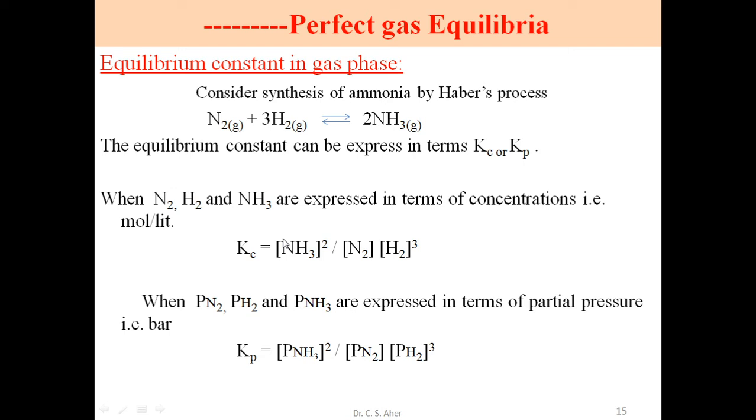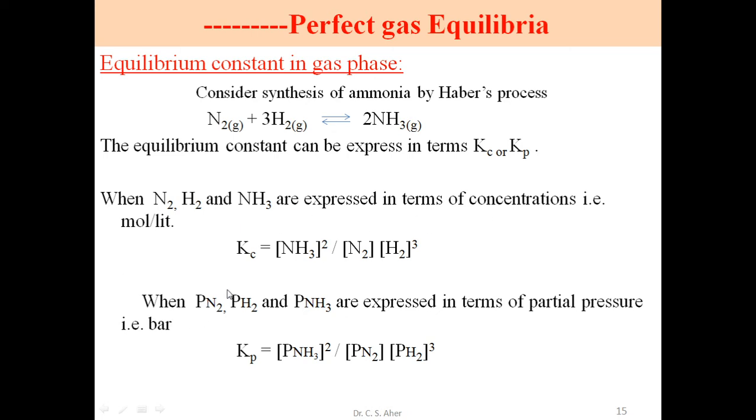It is equal to the concentration of product raised to its mole coefficient, which is 2, so the concentration of ammonia is raised to 2, upon the multiplication of concentrations of reactants: the concentration of nitrogen, and the concentration of hydrogen raised to 3, so cube. So this is the equation for the equilibrium constant when we consider reactants and products in concentration form.